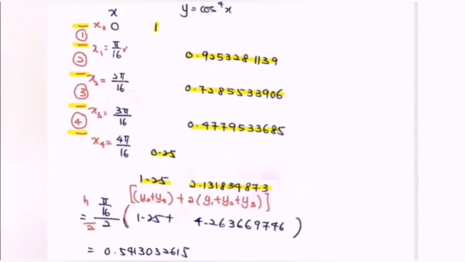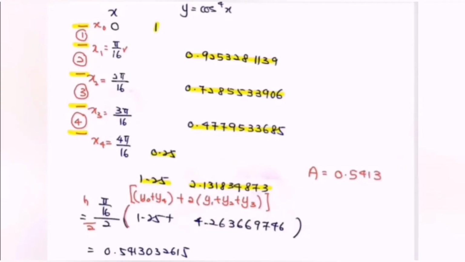And finally, we have the answer 0.5413. So the area will be 0.5413 if the question asks for 4 decimal places.